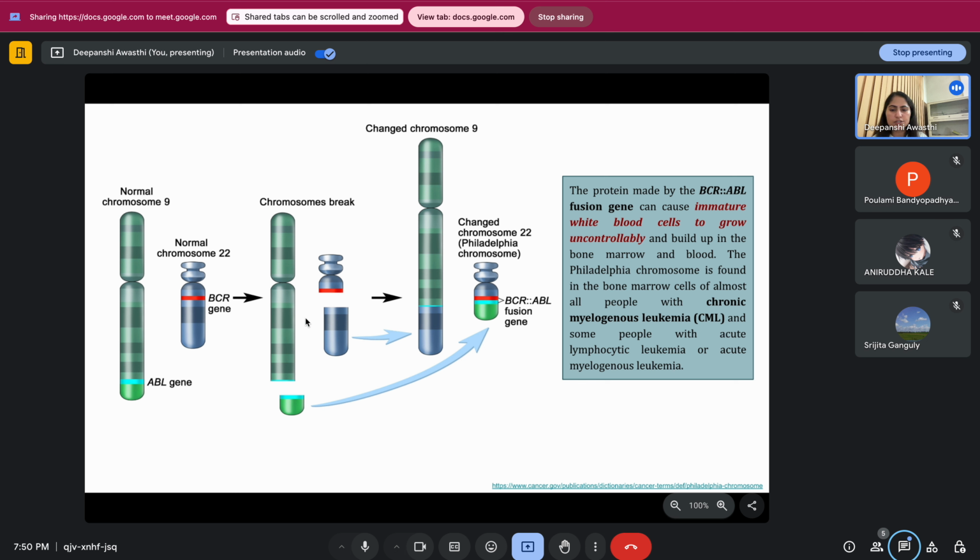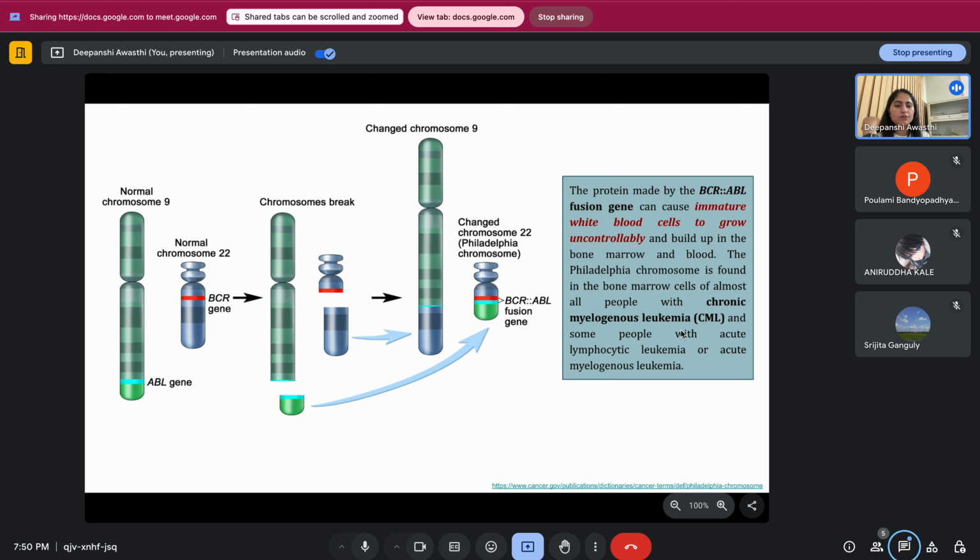When this translocation happens, the bigger segment from chromosome 22 breaks off and gets transferred to chromosome 9, and a smaller part of chromosome 9 which contains the ABL gene gets transferred to chromosome 22. So chromosome 22 gets shortened because it has translocated. There is an unbalanced translocation. In that case, chromosome 9 will be enlarged or elongated, and chromosome 22 will be shortened.